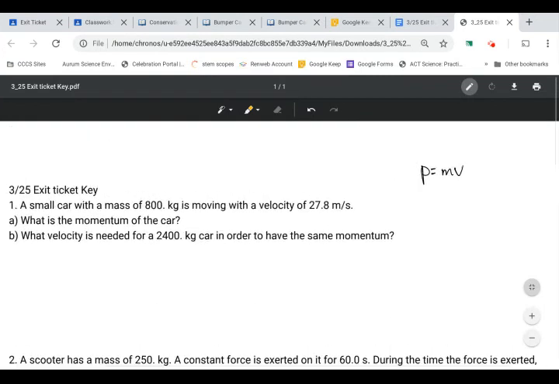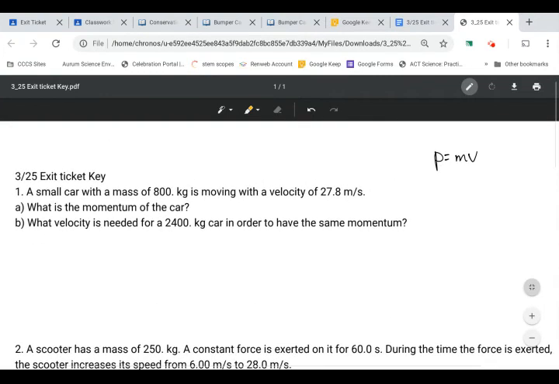Impulse has the same unit as momentum, and basically impulse is just the change in momentum. So our other formula is F, force, times time, equals mass times delta v, or delta m times v, the same thing. So these are the two formulas you have to use.